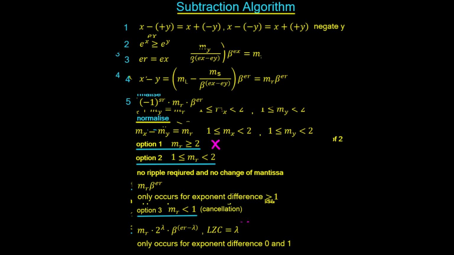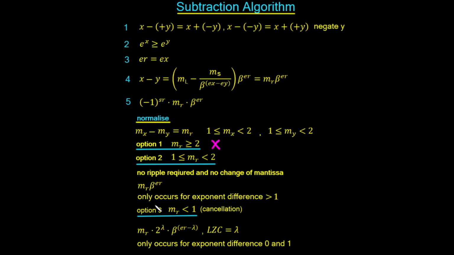So in the dual path architecture, we have one dedicated path for this option here, which is the cancellation. So if there is a subtraction and the value for this MR is less than 1, then we call that cancellation, and we have to do the leading zero count, and then adjust the exponent value accordingly and also the mantissa value.